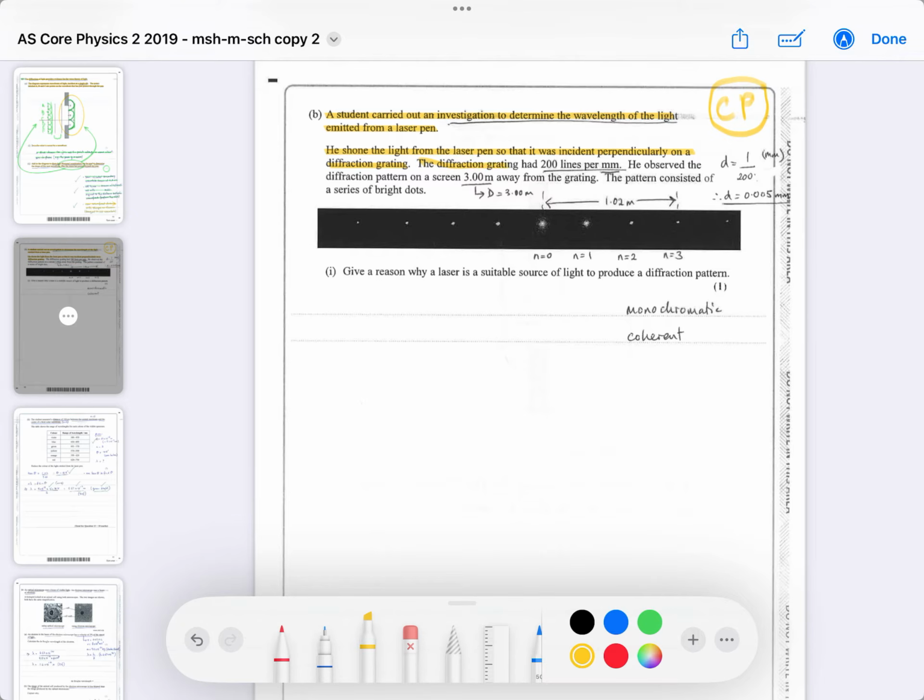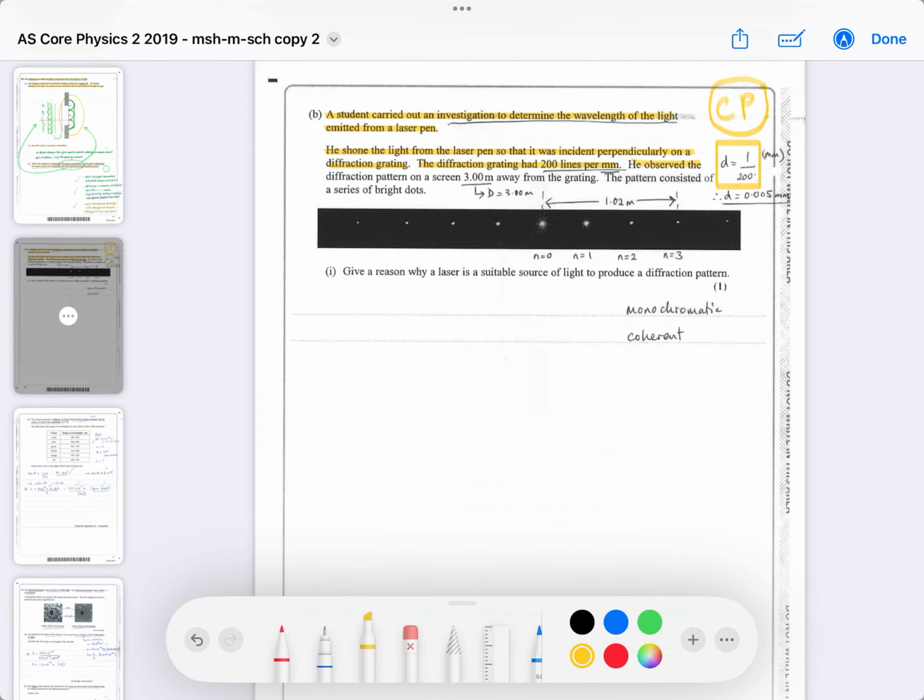The diffraction grating had 200 lines per millimeter. So you've got to work out what d would be in millimeters. It would be 1 over 200. So d is the distance between 2 adjacent spacings or slits in the diffraction grating.